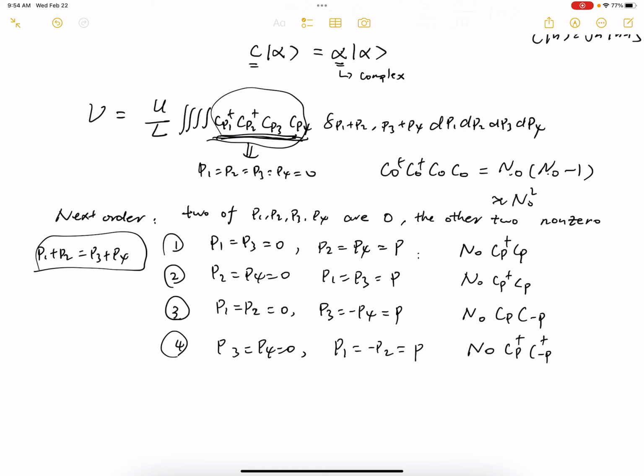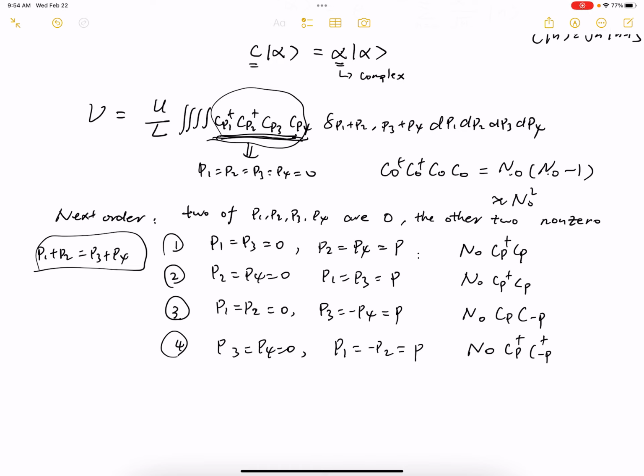Question, Bora? For these momentums, I'm confused how you could have 2 of them equal to 0 and 2 of them non-zero and still have momentum conserved, because I would think if 2 of them are non-zero, they would be equal and opposite. Yeah, that's exactly the case of 3 and 4, right? If 2 of them are 0, the other two are opposite, but you can also have 2 of them be 0, and one of the others equal to the other.